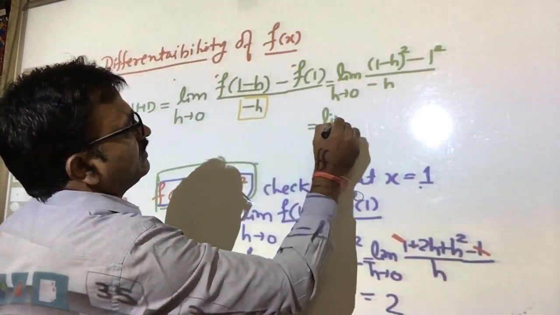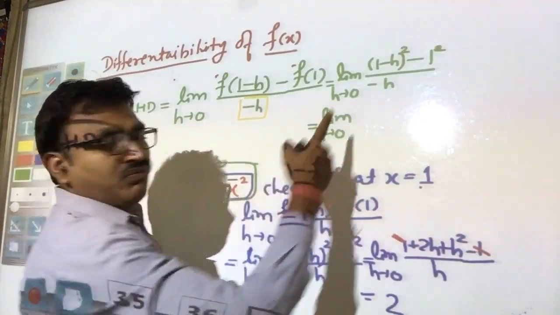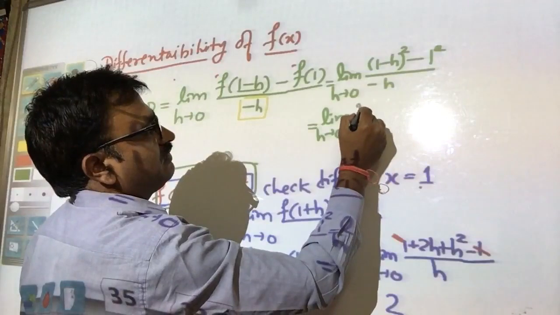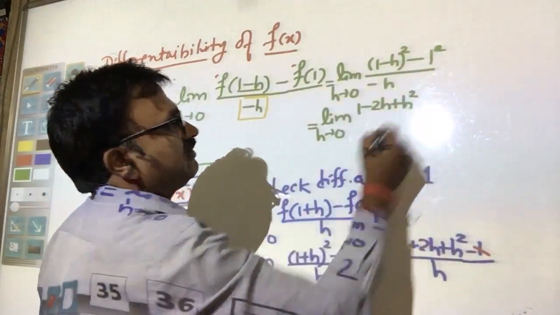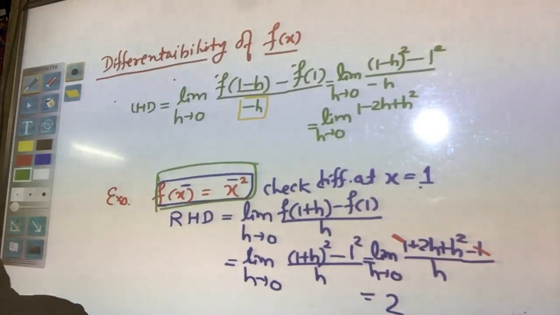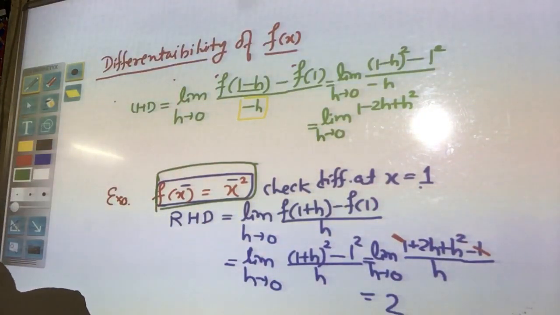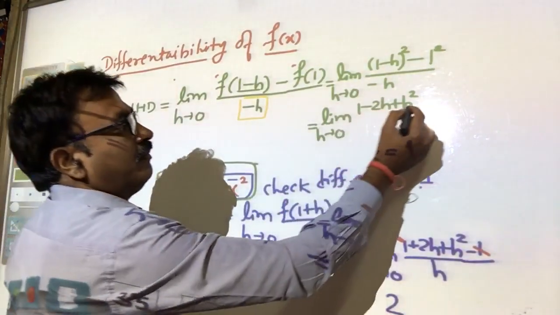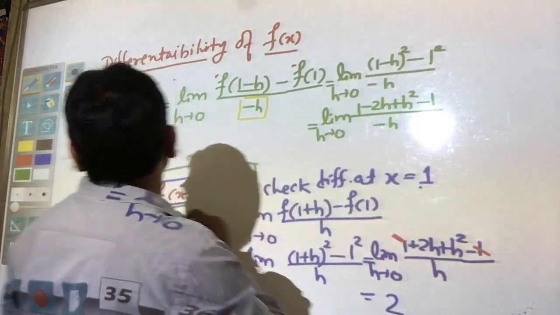So limit h tends to 0, (1 - h) square is 1 - 2h + h square, minus 1, divided by minus h.